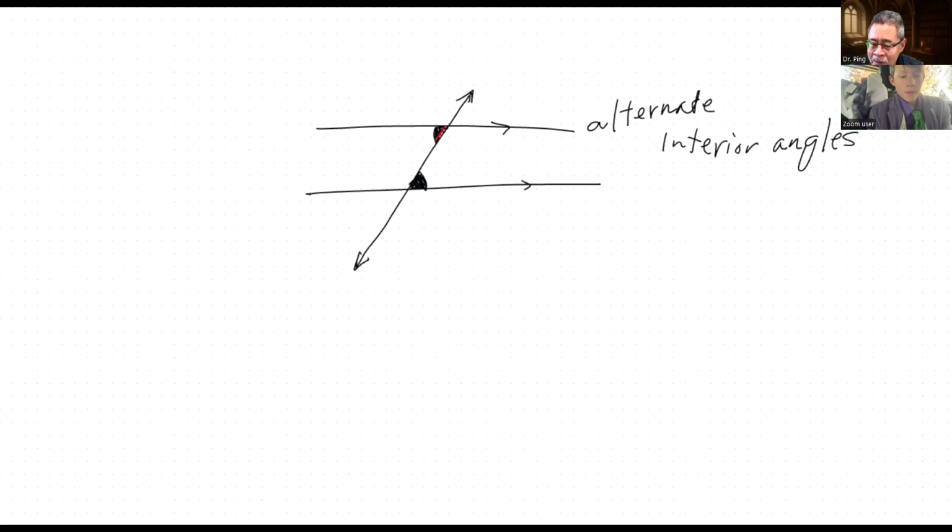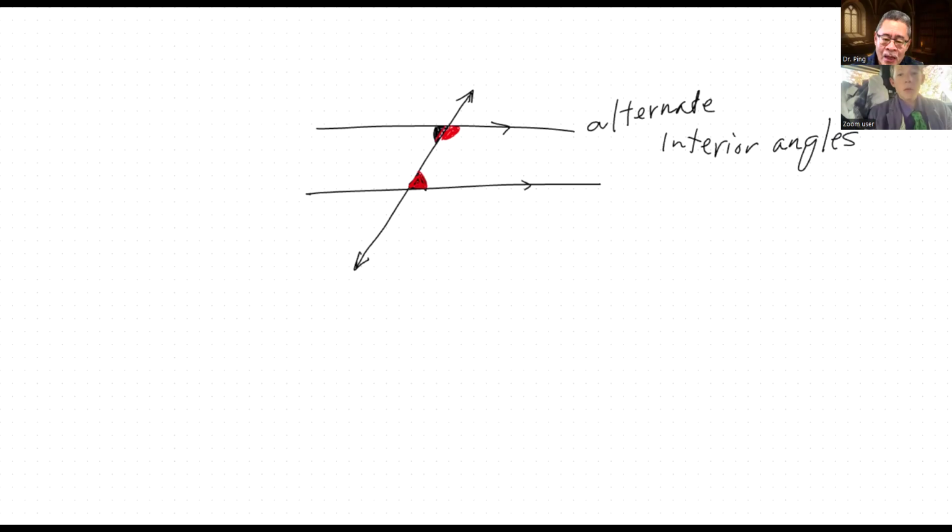Now, how about what's the name for, let's call this angle and that angle? What do we call them? No, those two angles are still interior because it's inside the two lines.